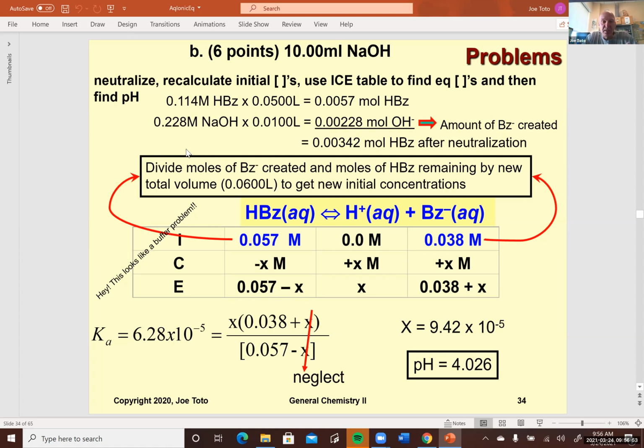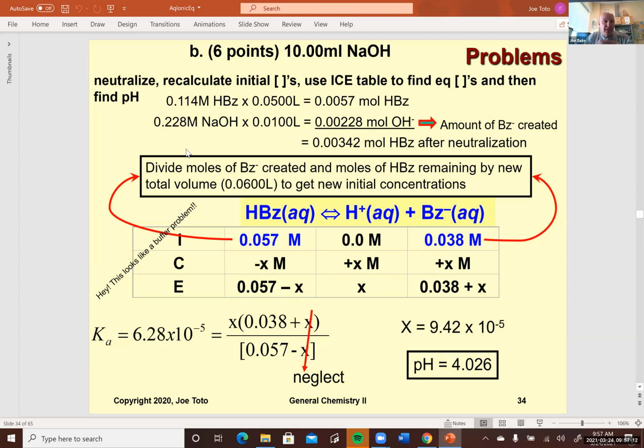Number one, the complete reaction, neutralization to create salty water, but it's not an equivalent amount.